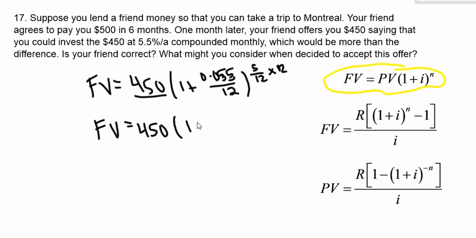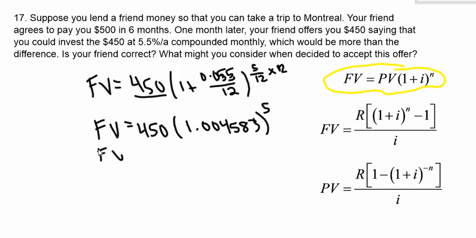So when I do the calculation of 0.055 divided by 12, and then add 1, I get 1.004583. And we've already discussed that this is just going to be in there for 5 compounding periods, in other words, 5 months.